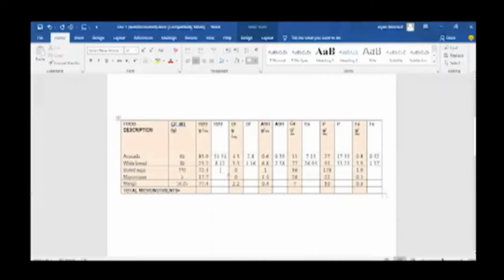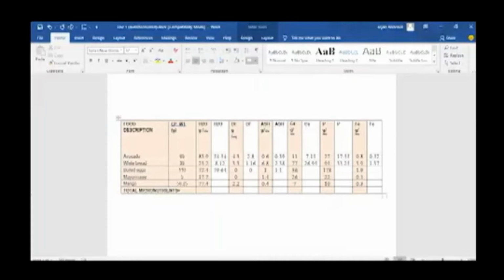Then we have eggs. So 72.4 times 110 over 100 is equal to 79.64. Then we have 0 here, so it's automatically 0. Then 1 times 110 over 100 is equal to 1.1.